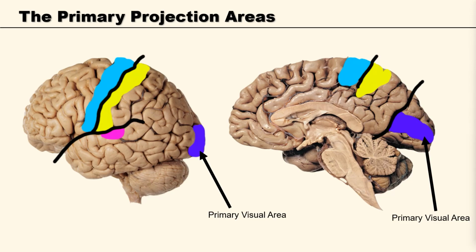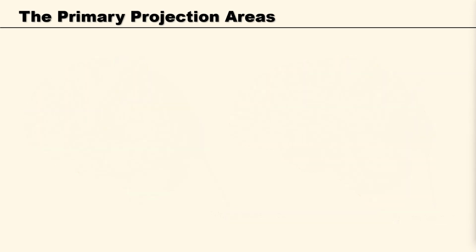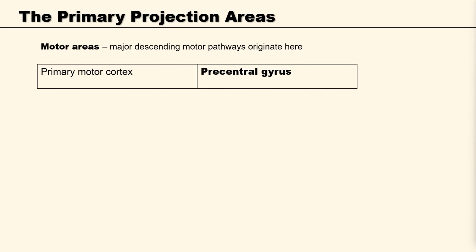Let's summarise the primary projection areas that we have seen so far. The primary motor areas are where motor descending pathways originate. This is known as the primary motor cortex and is found on the precentral gyrus. The sensory pathways each have a different function and location depending on where the sensory pathways are being stimulated, and they each terminate in a specific region.